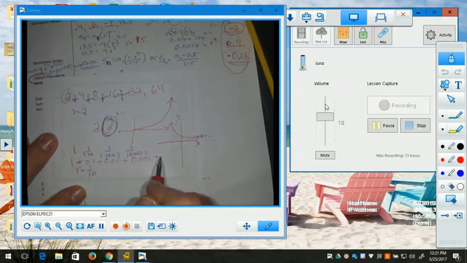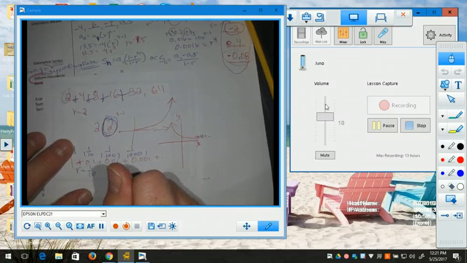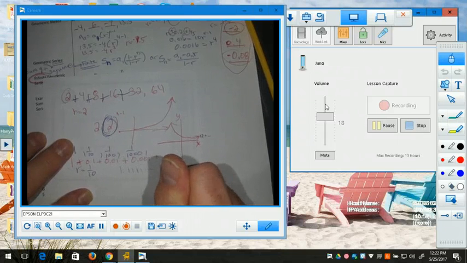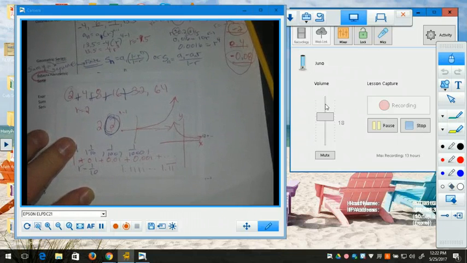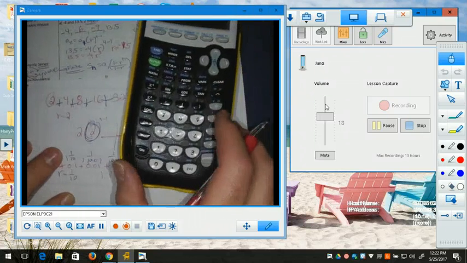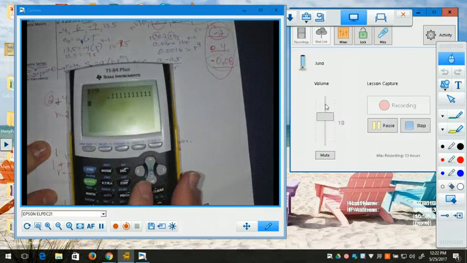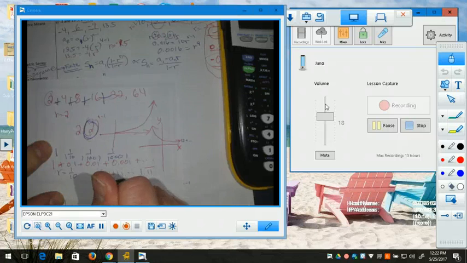Well, when I add all those numbers together, I'm going to get 1.111, and it's just going to keep building those ones, right? So it's going to be 1.11 repeated, okay, which I believe is 1/9. No, it would be 1 plus 1/9. That would be 1 and 1/9 is the number that would approach.